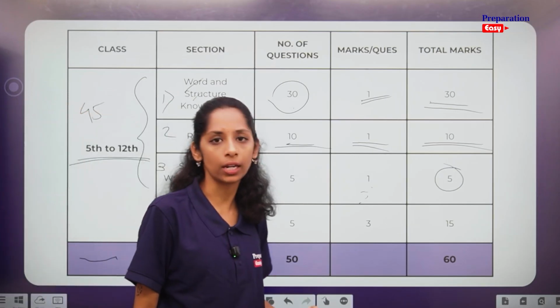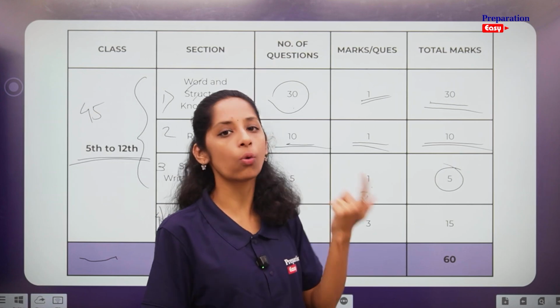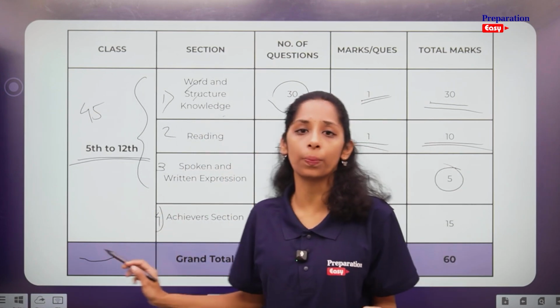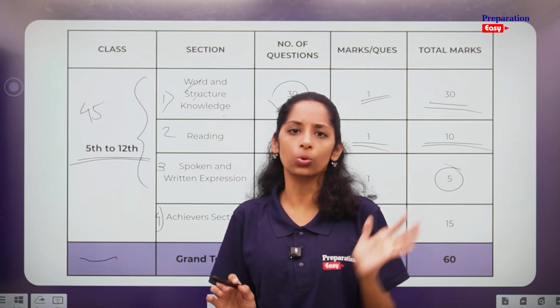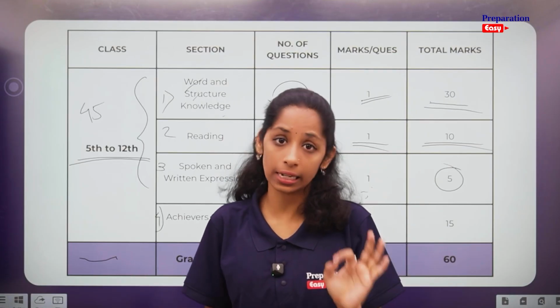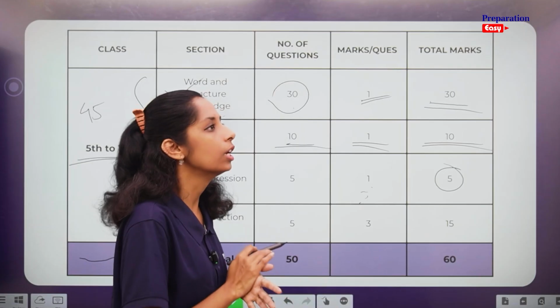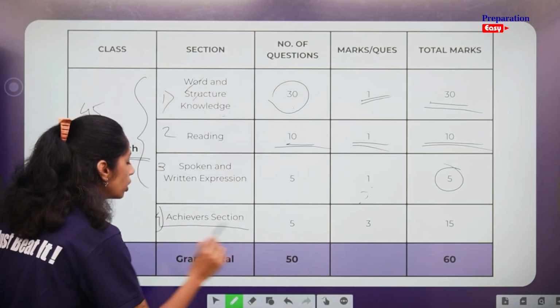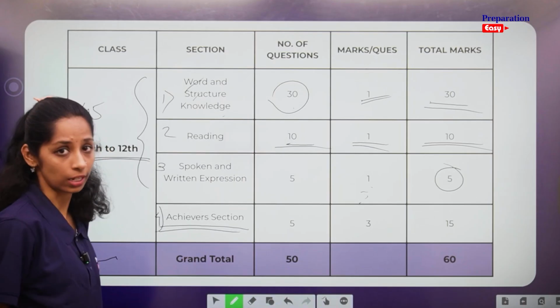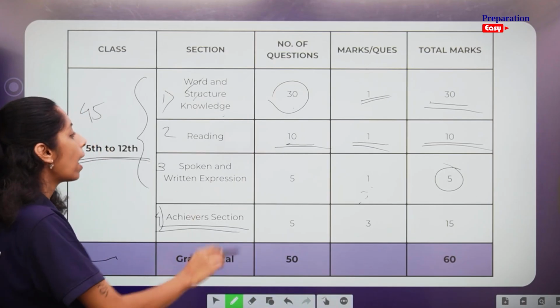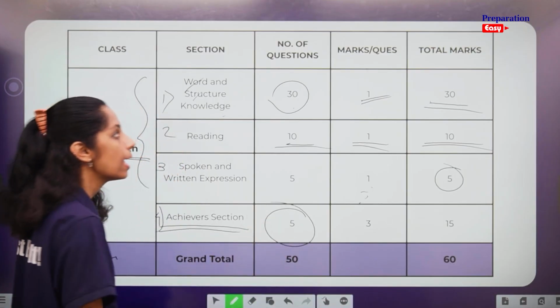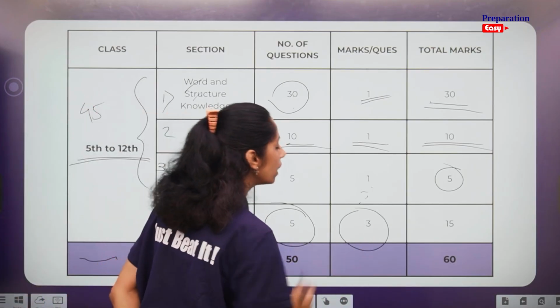If you are preparing with Preparation Easy, if you are watching my videos, and understanding each and every topic, then it will be easier for you to solve the questions in the exam. However, the questions are not going to be easy, because section 4 is your achiever section. There will be only 5 questions with 3 marks for each question.